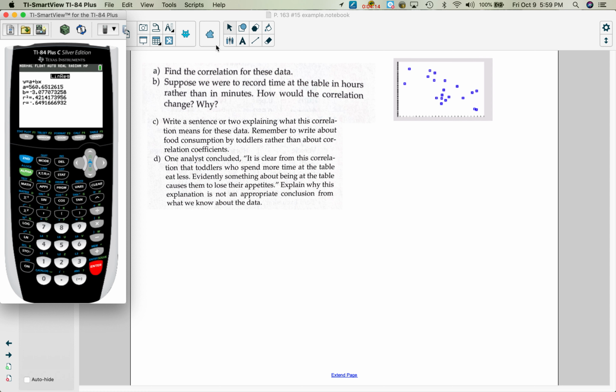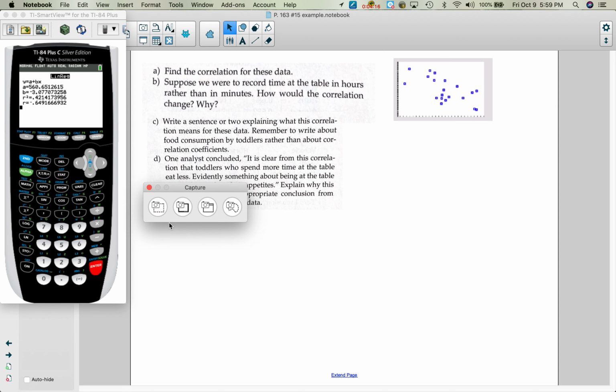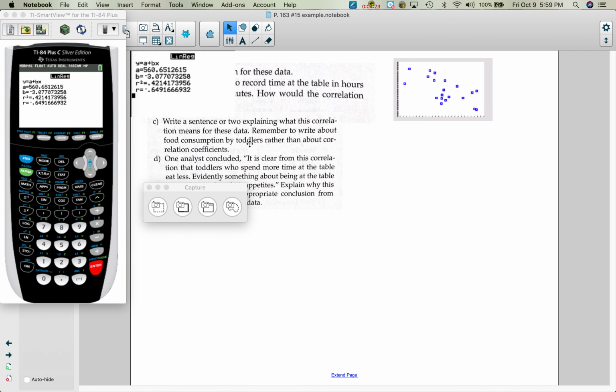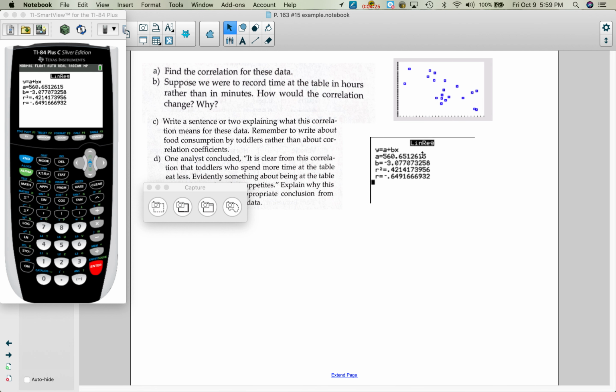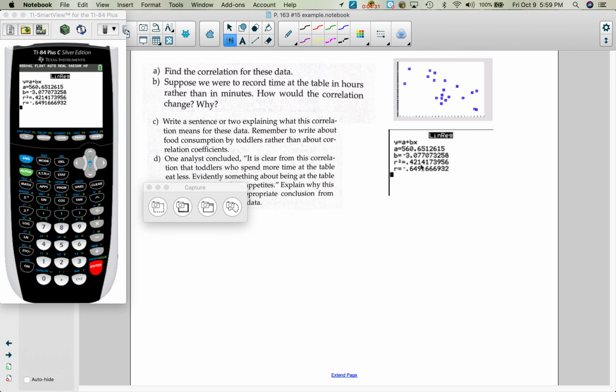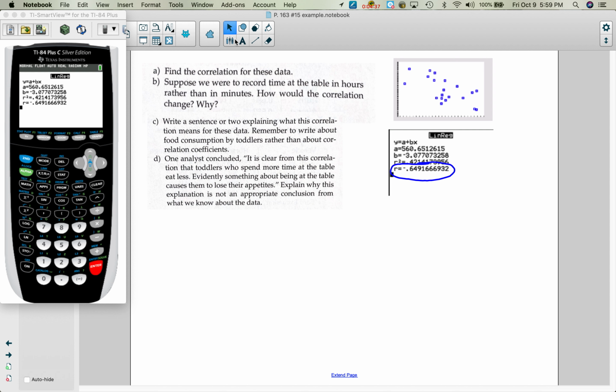And what we're looking for on this is the value of R. So we want this right here. That was the value we're looking for.